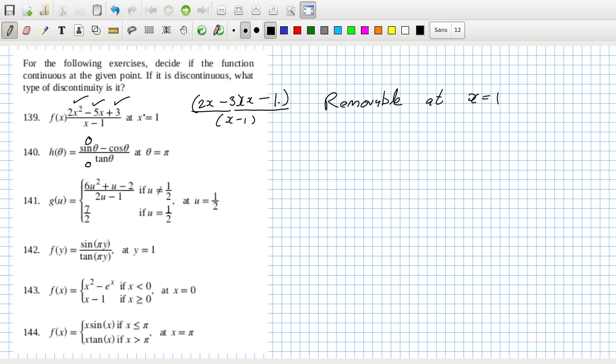But cos of pi is minus 1. So this is shooting off to infinity. It's infinite, I think, at theta equals pi.